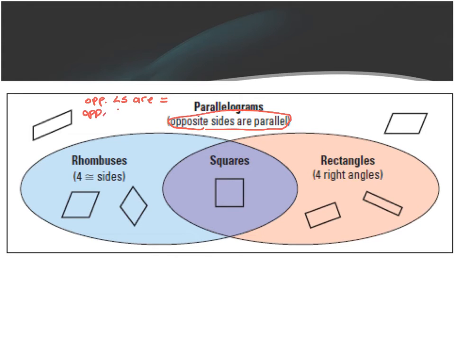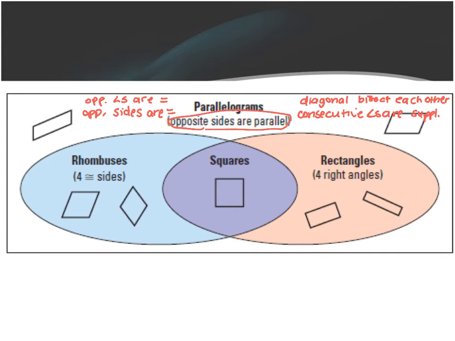Opposite sides are equal. Diagonals bisect each other. And consecutive angles are supplementary. All those things are true about every shape that's on this diagram.